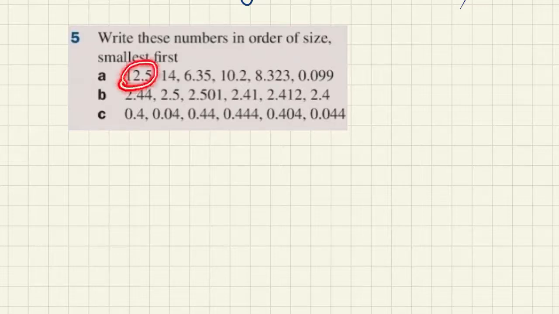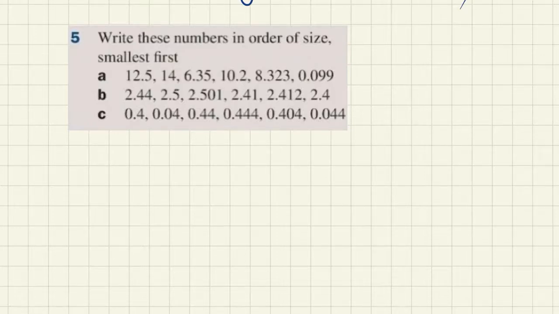We have 12.5, we have 14, 6.35, 10.2, 8.323, and 0. So first, let's look at the whole part. The whole part is the part which is before the point. So 12, 14, 6, 10, 8, and 0. So here obviously the smallest one is 0. We can start with that.